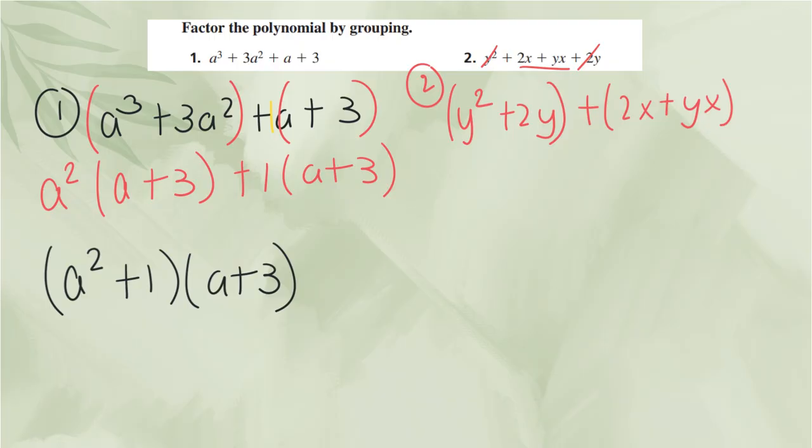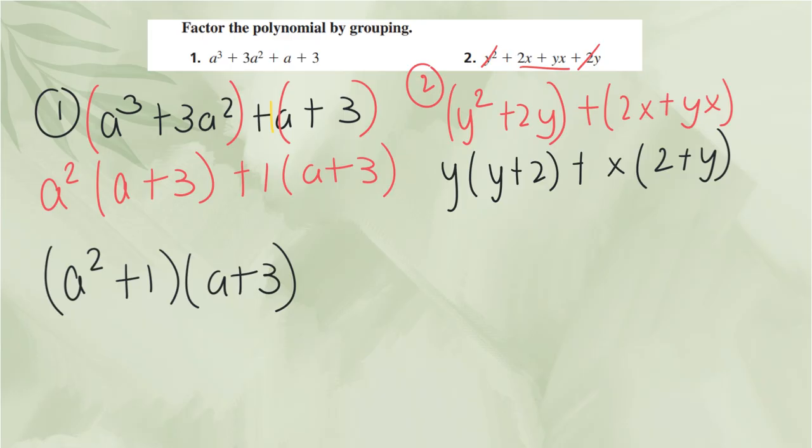I can factor out y here, and I'm going to have y plus 2, plus x times 2 plus y. My final answer is y plus x times y plus 2. Remember, I could rearrange that and it's still the same.